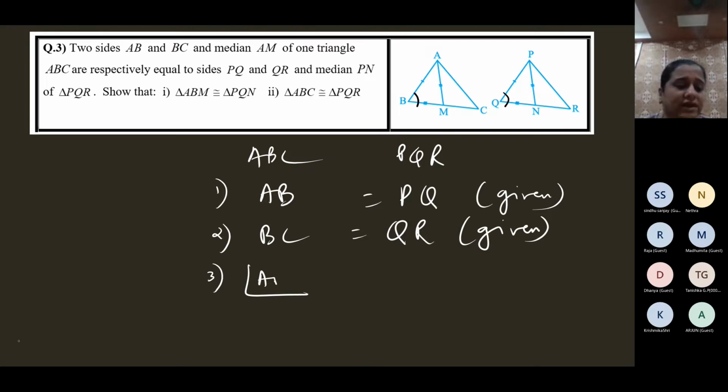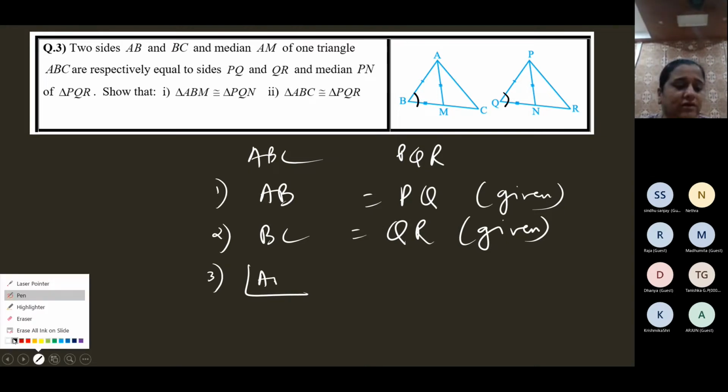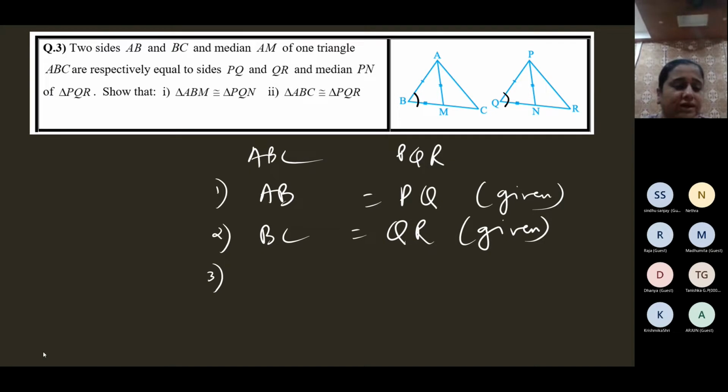Now, why can't we write, Danya, AM is equal to PN? Ma'am, it's not in the triangle. We have taken only triangle ABC and PQR. Now tell me the sides of this triangle.